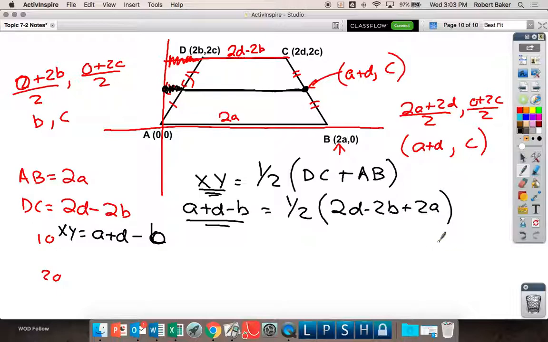And all you guys should be cheering ecstatically. Hold up. Yay! Okay, so I'm telling you that half of the right side is equal to the left side. How many D's do I have over here? 2 D's. What's 1/2 of 2 D's? 1 D. What is 1/2 of negative 2 B's?